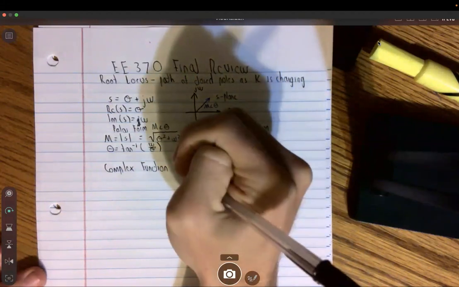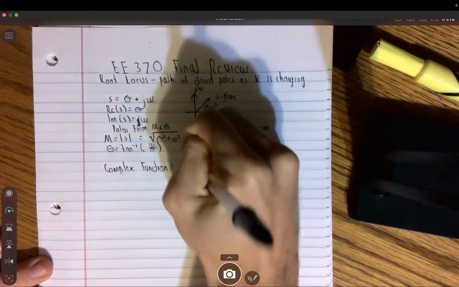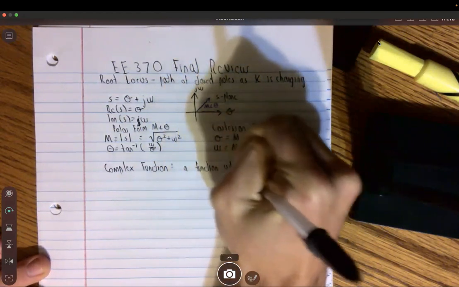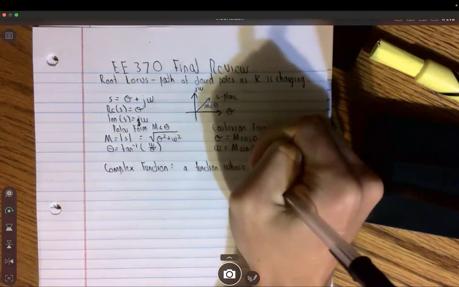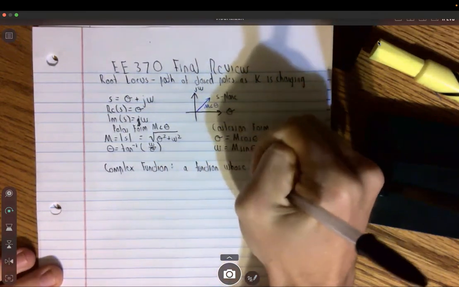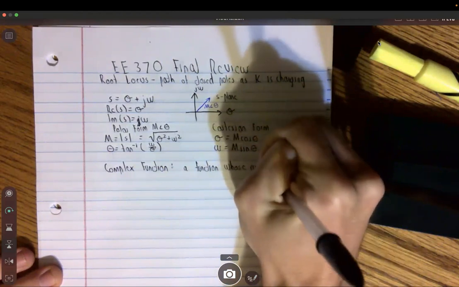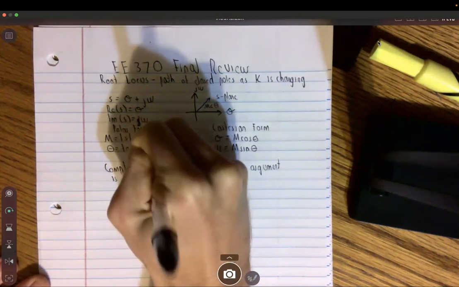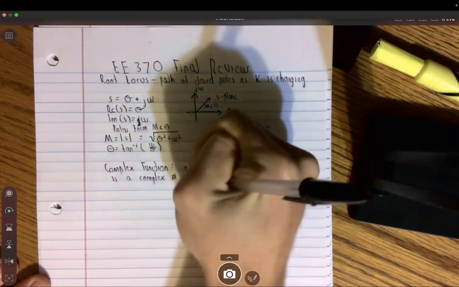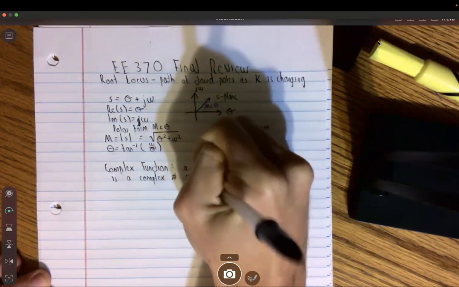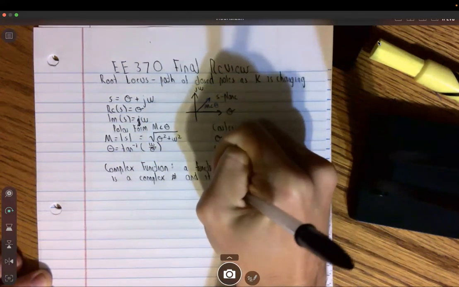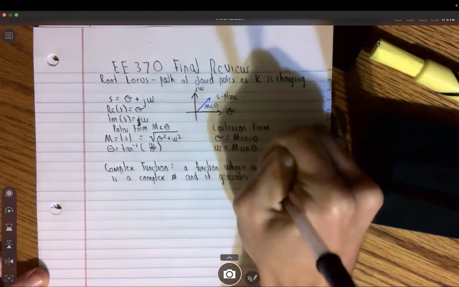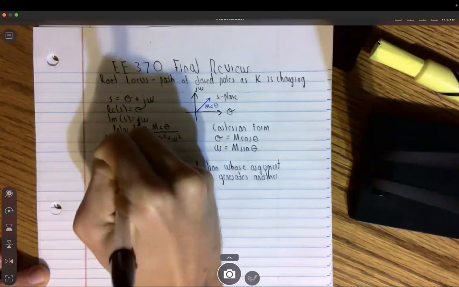A complex function is basically a function whose input or argument, same thing as the input, is a complex number, and it outputs or generates, same thing, another complex number. So it takes in a complex number and it generates a complex number.